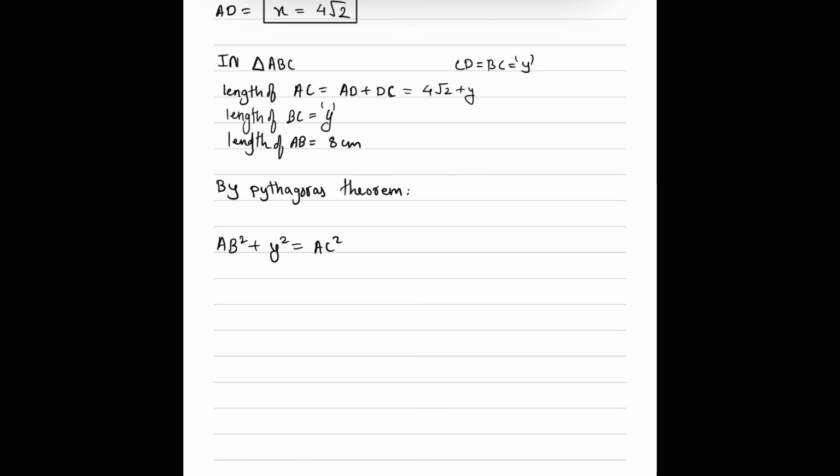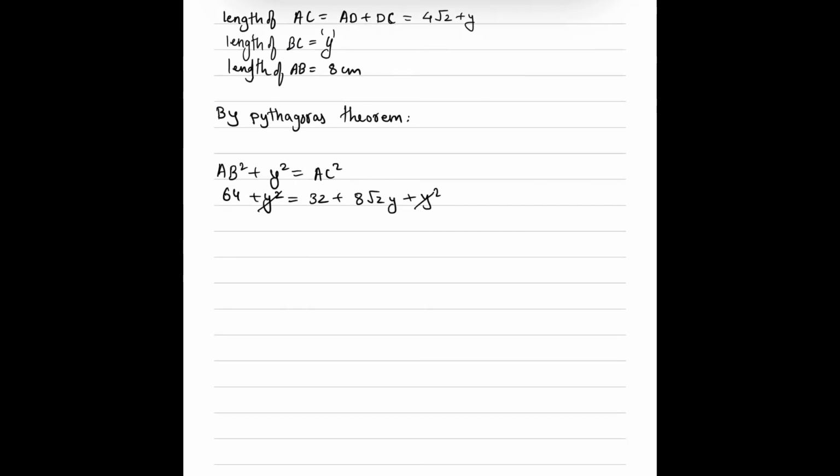So we know AB square is 64, Y square will remain the same, equal to 4 root 2 plus Y square, which is 32 plus 8 root 2 Y plus Y square. Y square will get cancelled, right? Y is equal to 32 by 8 root 2.